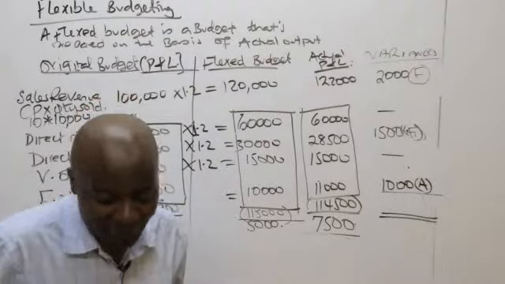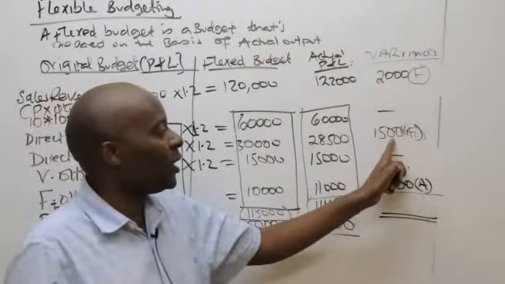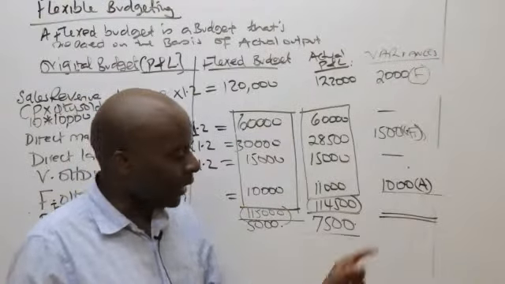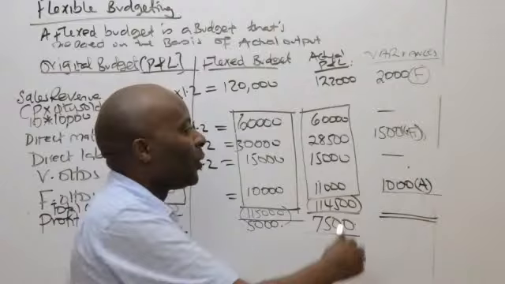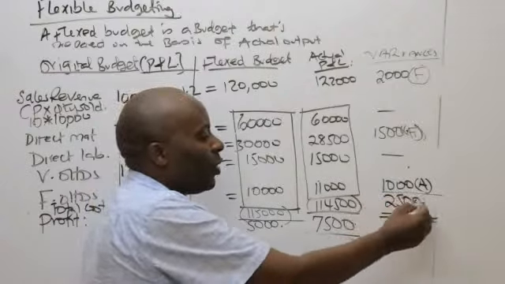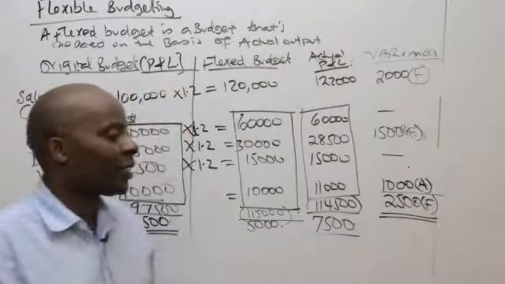So Millicent gives me, when you take this and this, that is 3,500 favorable. 3,500 favorable minus 1,000 adverse will give me 2,500 favorable, like that.